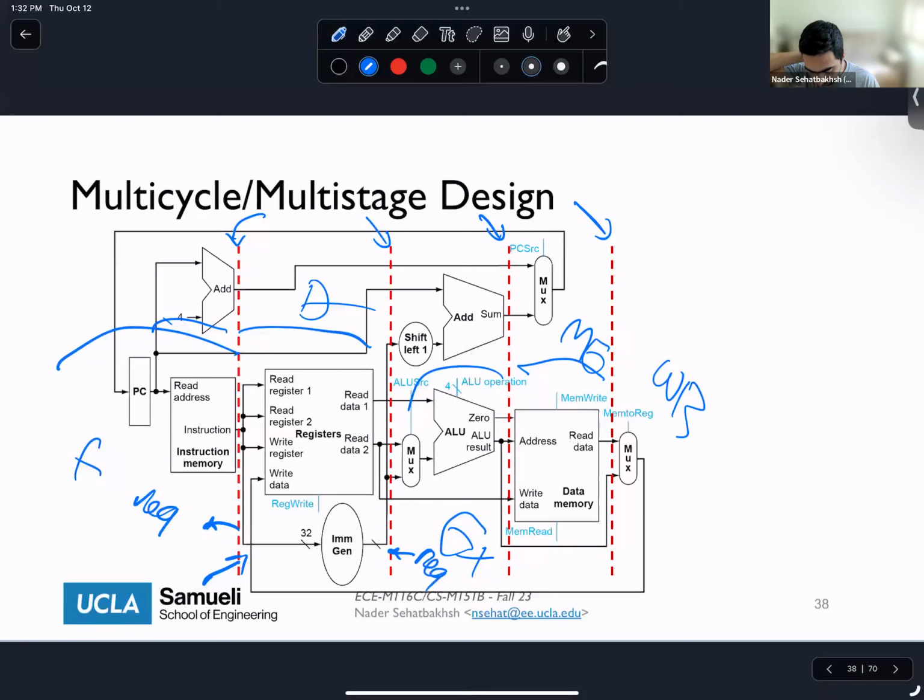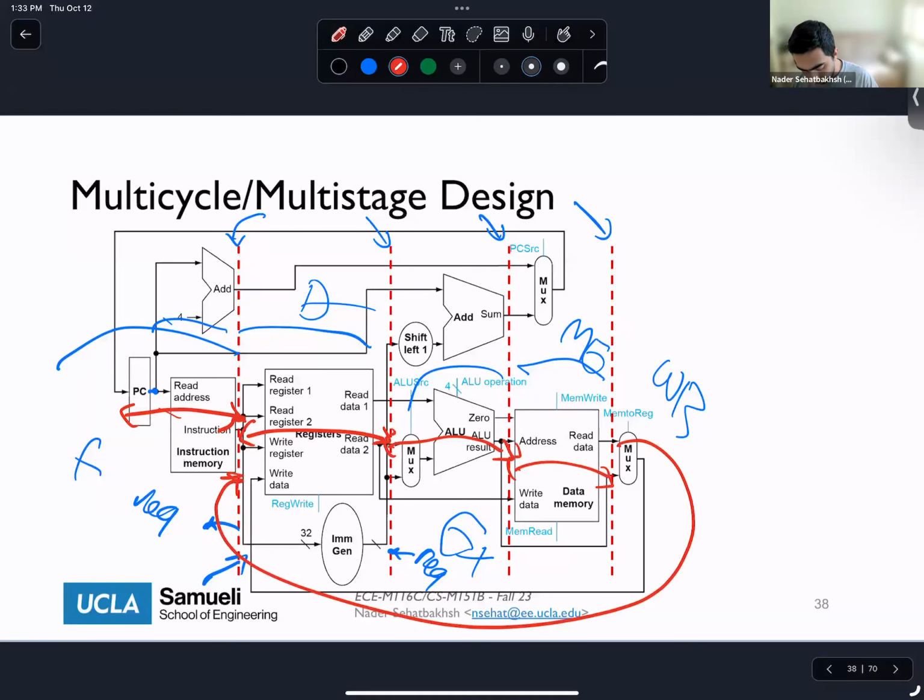Instead of saying that, for each instruction to finish, I need to start from here, go all the way, and wait for this to settle down, all I need now is, for each stage, to wait for this value to settle down, this value to settle down, this value to settle down, this value to settle down, and this value to settle down, okay?